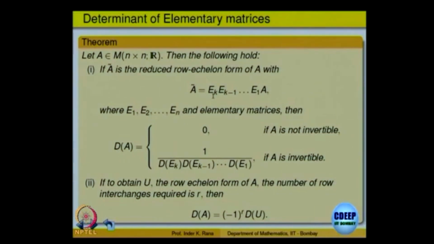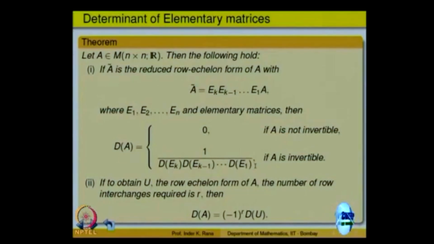If r interchanges are required, then it will give you minus 1 to the power r. That precisely says if to obtain row echelon form the number of row interchanges required is r, that means the determinant should be minus 1 to the power r times the determinant of the original one, because each one is going to give you a minus sign.